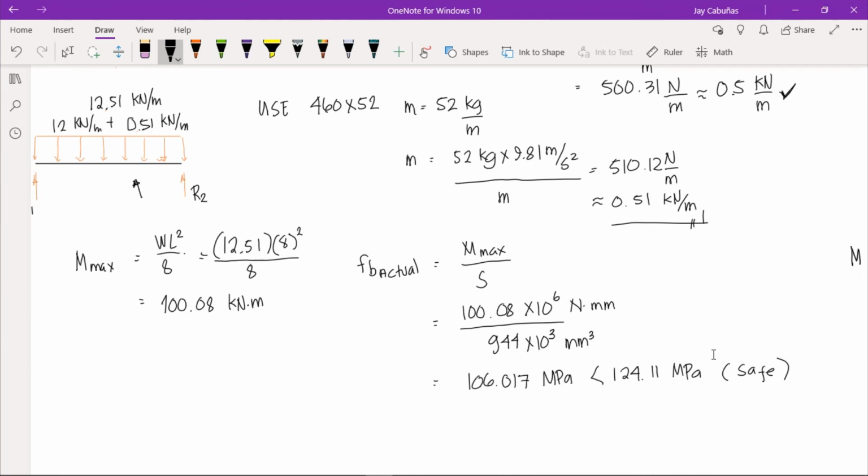This is the most economical section, the lightest wide flange section which can be used as the cross section without exceeding the allowable stress. So this is our final answer. Use wide flange 460 by 52 as your beam cross section. And that's it for the economic section.